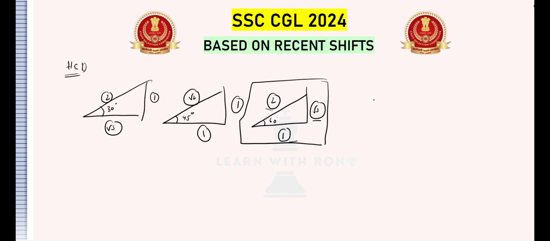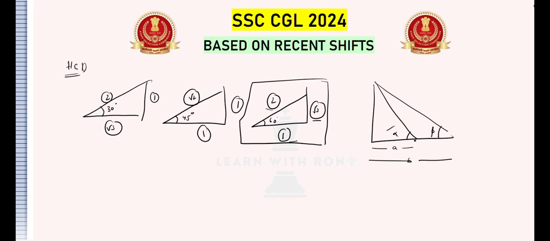And one more thing: let's say this is a building and the angle of elevation from here is beta and from here is alpha, and the distances from the base are A and B. If they say alpha and beta are complementary, meaning alpha plus beta is 90 degrees, and they ask you to find the height of the tower, simply h square equals AB.